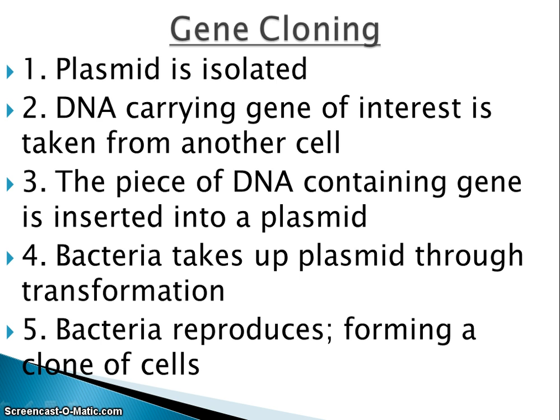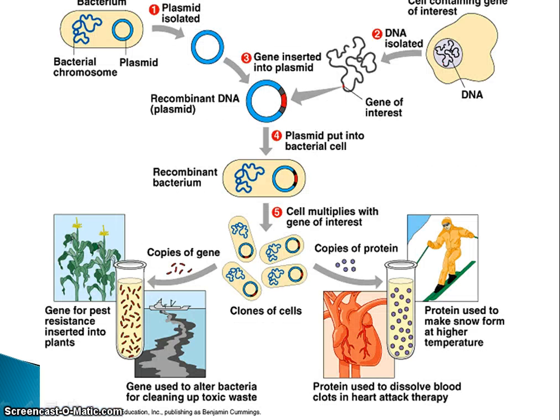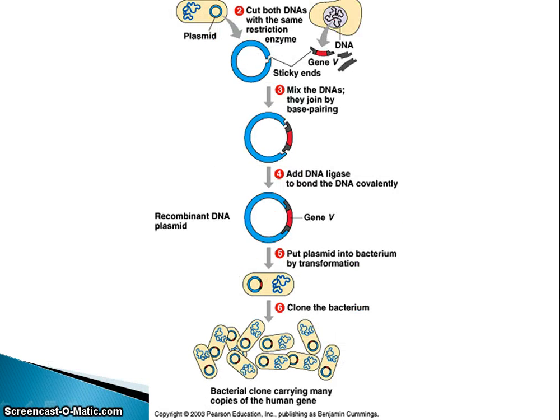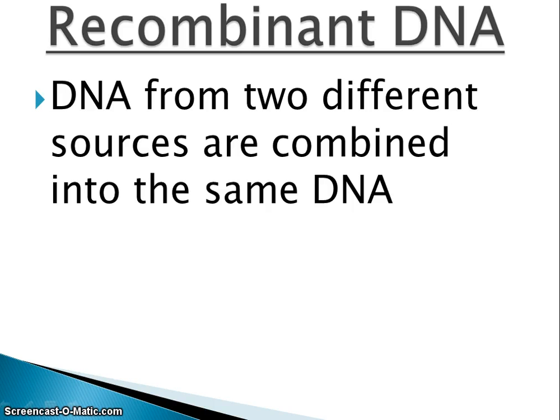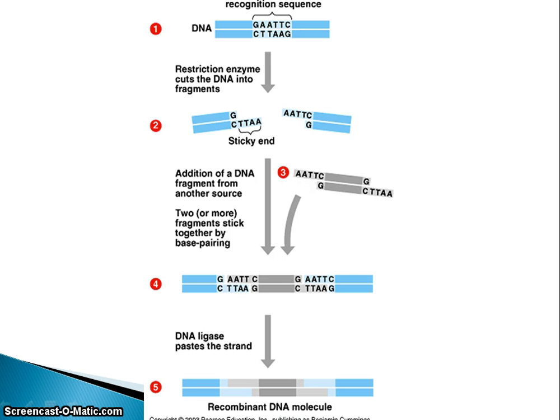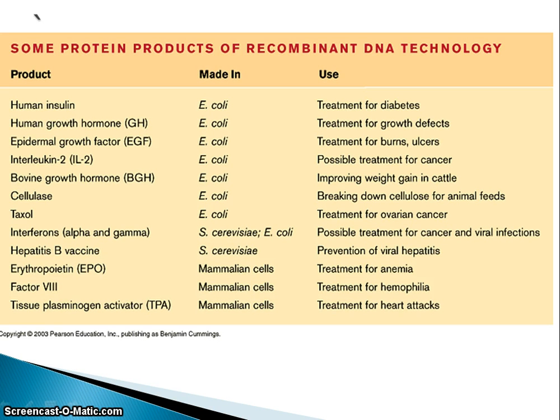So gene cloning is the production of multiple identical copies of a gene carried on a piece of DNA, or the recombinant DNA that we have. This is just showing you the whole process. So recombinant DNA is DNA from two different sources combined together. And these are just some products of recombinant DNA.